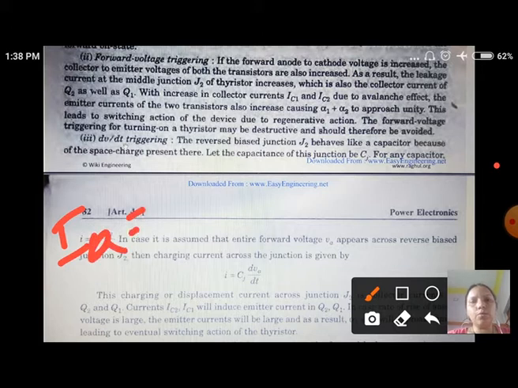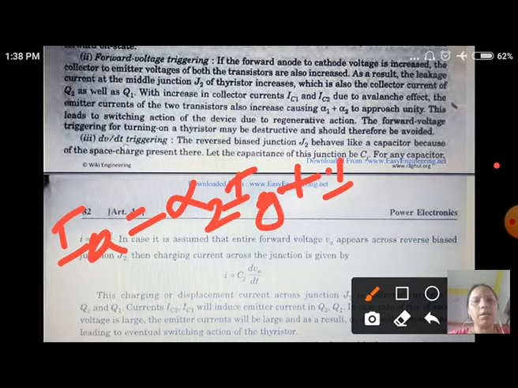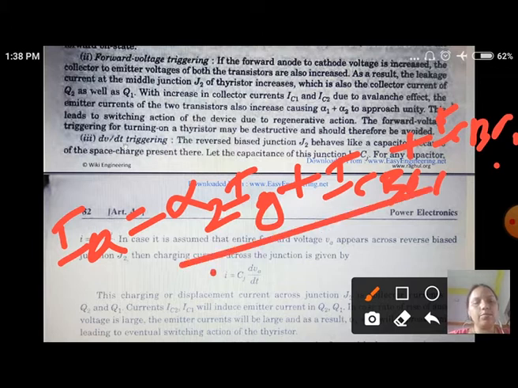IA equals alpha 2 Ig plus ICBO1 plus ICBO2, divided by 1 minus (alpha 1 plus alpha 2).